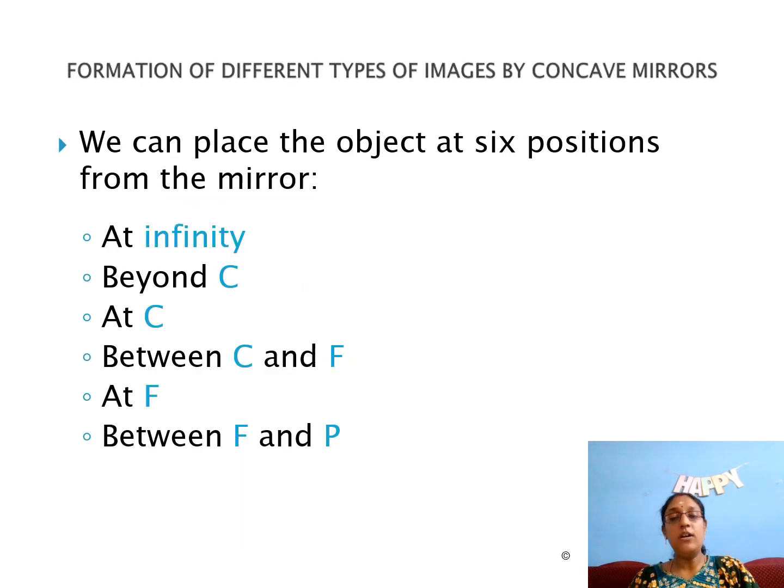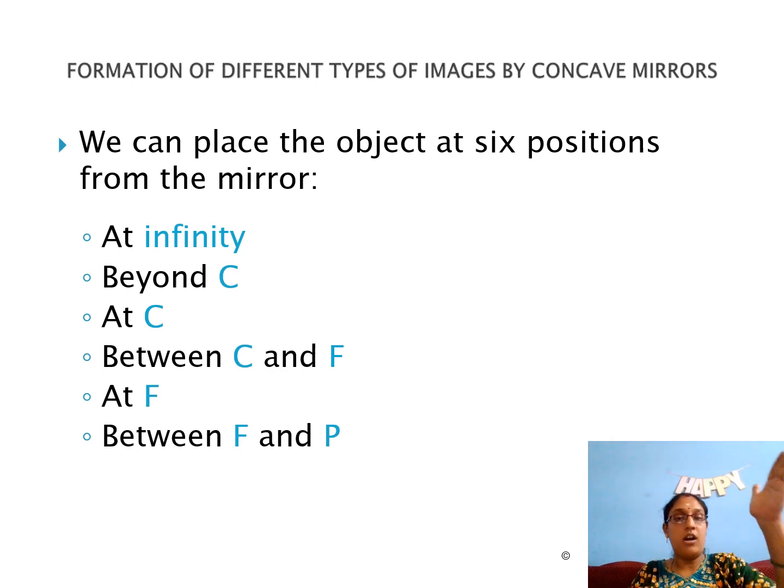So we know the 4 rules of reflection. Now, this is the formation of different types of images by a concave mirror. That is, you have a mirror, and in what position you keep the object determines the position of your image. Those 4 are the rules.